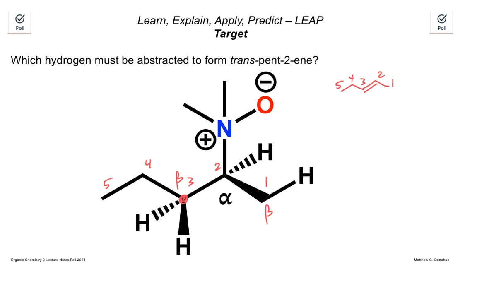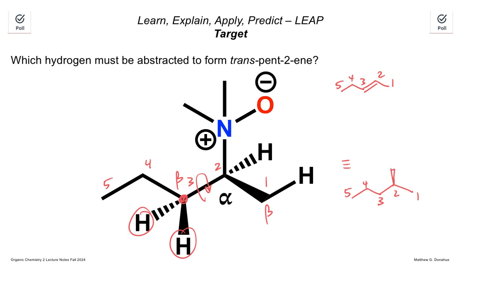The way to do that, since we're choosing between this one and that one, is to draw a Newman projection where we need the chain to basically be in a zigzag conformation. The first thing I'll do is a bond rotation where I'm putting the methyl group at carbon 1 in the plane.